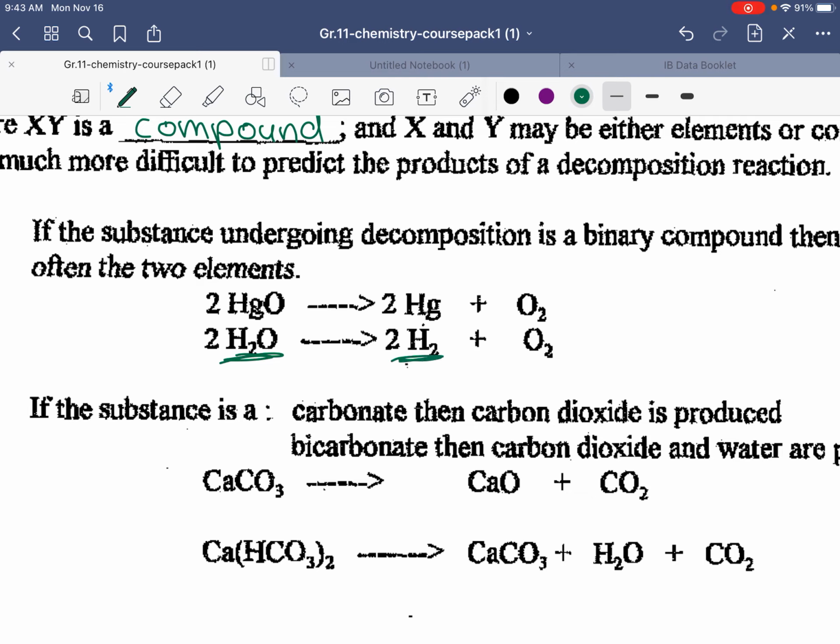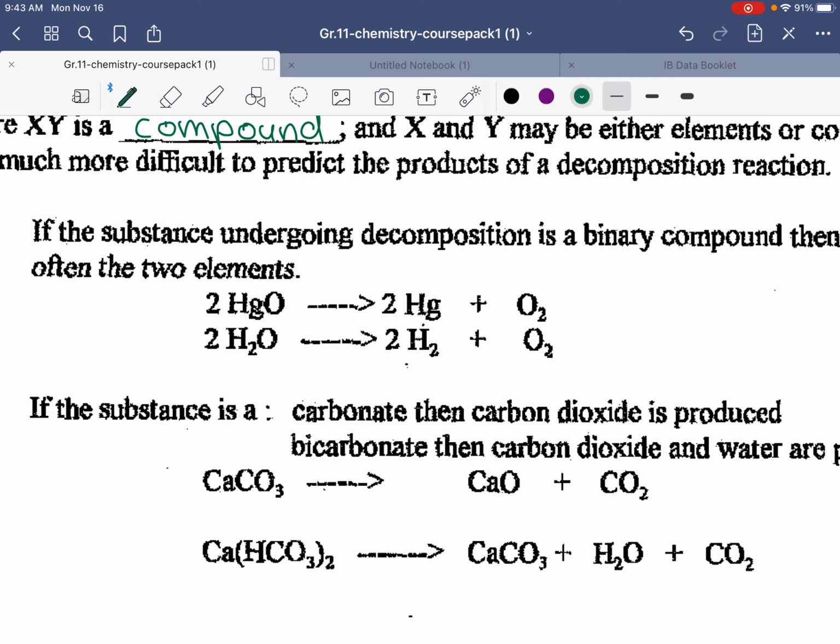We test the fact that this indeed was H2 because it gave a little bit of an explosion, and we test the fact that O2 reignites a glowing splint, which is an indication of flammability. So this is obviously something that you might have seen back in the days, via electrolysis.